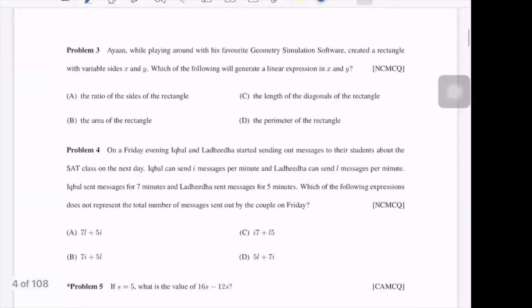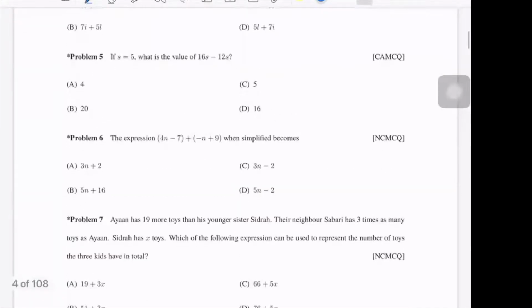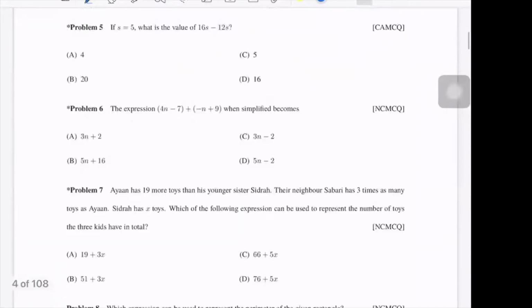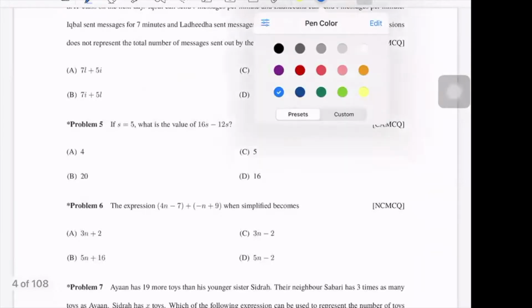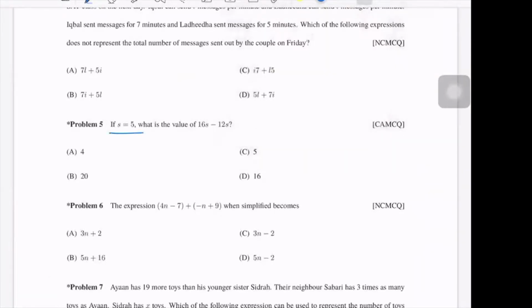I would like to mention a few things. As we discussed in the previous class, this question appeared as a calculator question, but if you pick up the calculator, it is going to be disadvantageous for you. So do not pick up the calculator.